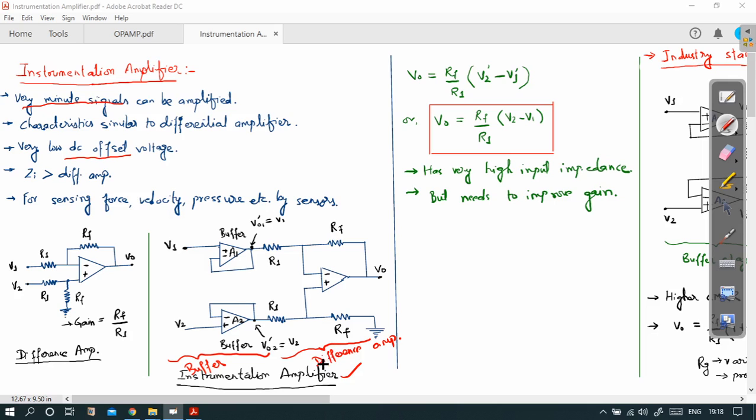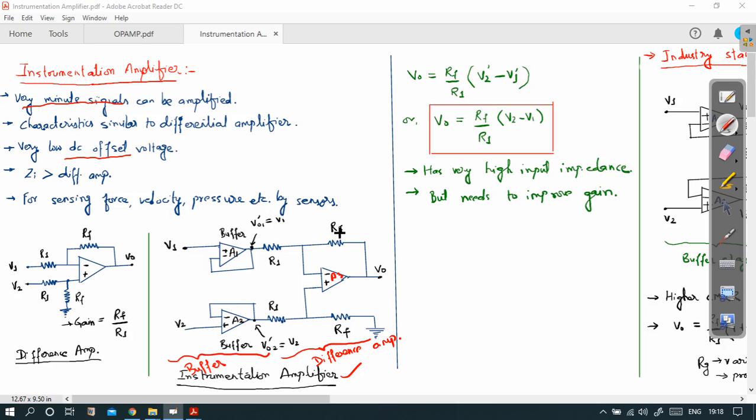So this instrumentation amplifier is actually using three op-amps, A1, A2, and let's name this A3. Three op-amps are used.